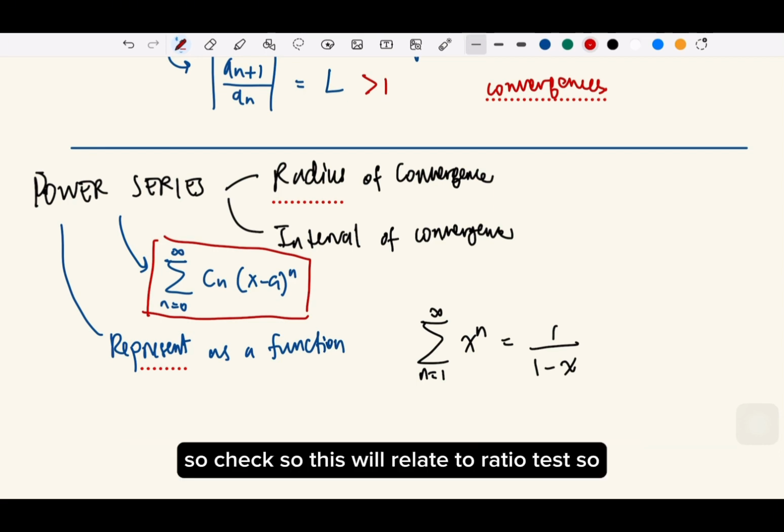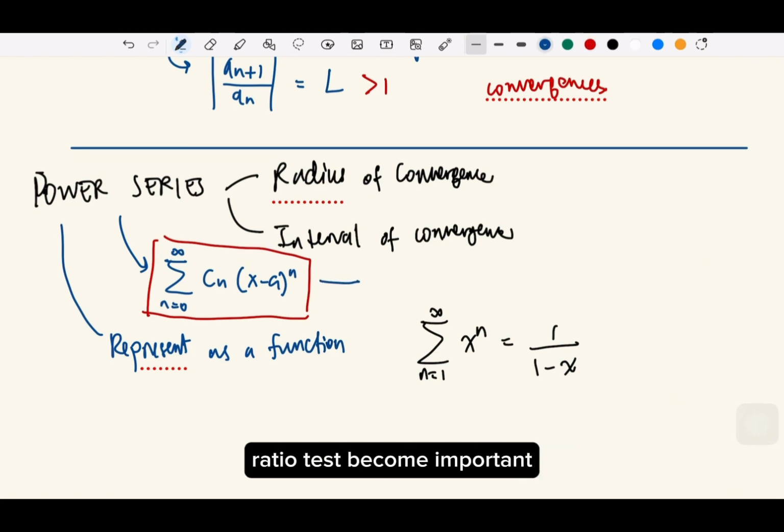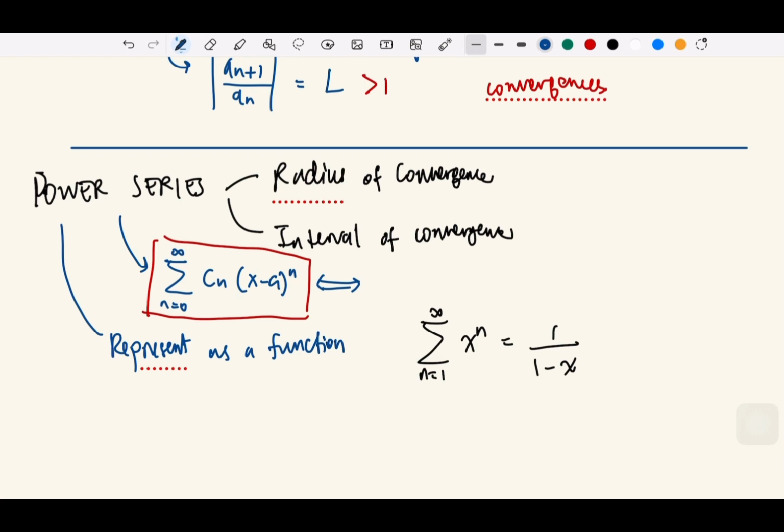So this will relate to the ratio test. The ratio test becomes important.